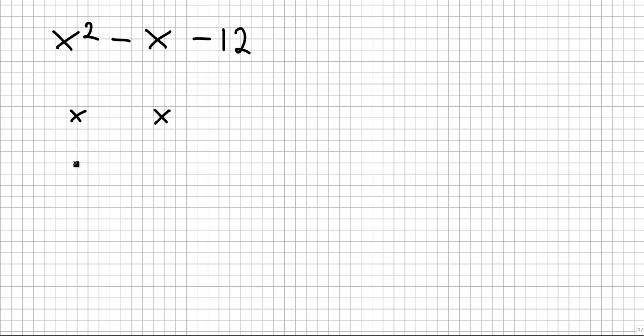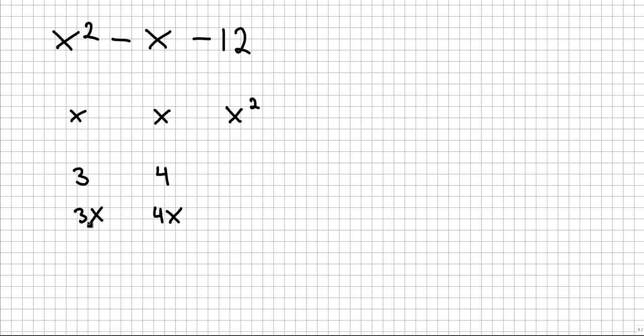How about 3 and 4? X times x will be x squared, so we have this term. Then we have to take x times 4, which is 4x, and then x times 3, which is 3x.